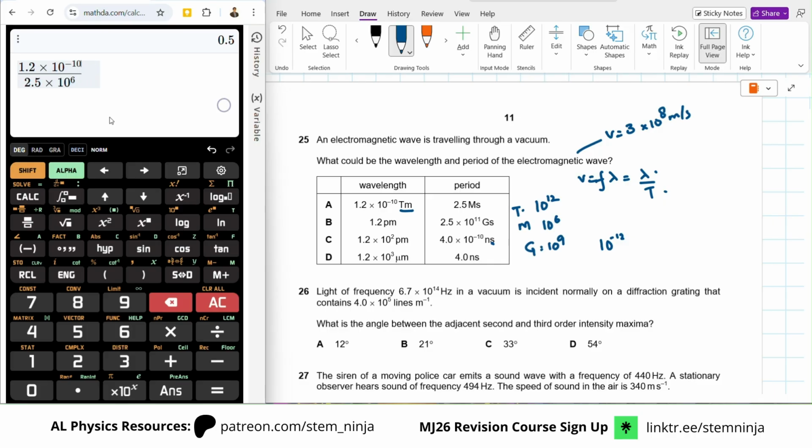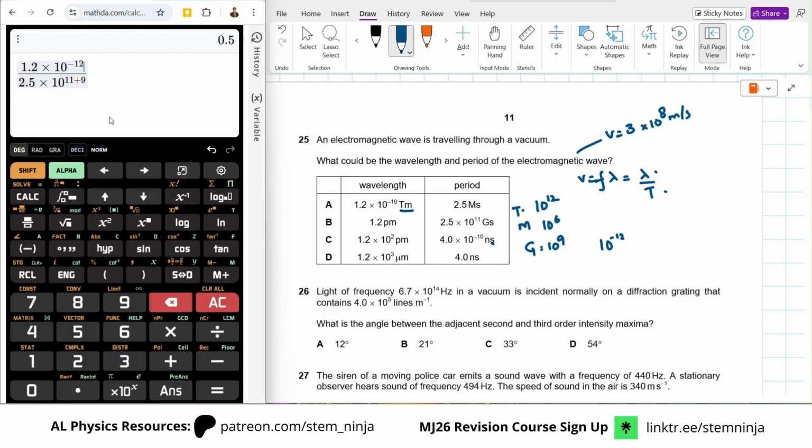So 1.2 pico, so basically that's minus 12. 2.5 times 10 raised to power 11, and giga, that means 9. Oh, sorry, plus, my bad. Okay, that's not it either. So, all right, let's try the third one.